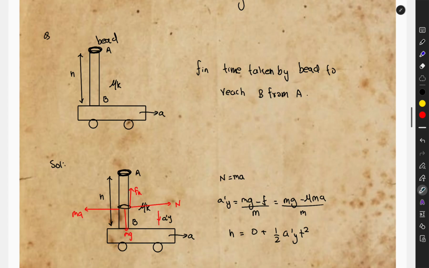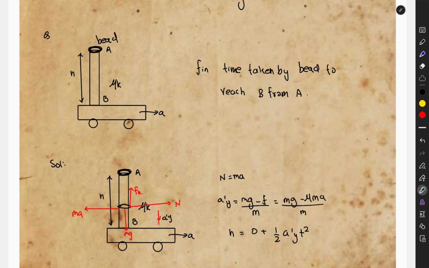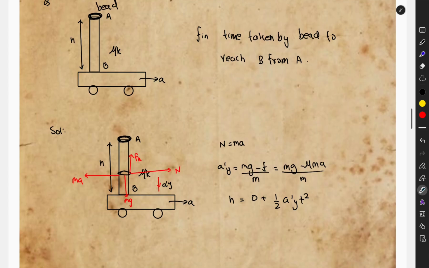So let's have another question, where we need to find the time taken by the bead to reach B from A. So basically a bead is dropped from the height h, and they are asking to find the time taken by the bead to reach from A to B. So basically there is a concept called pseudo force, you must have studied in the previous chapter.